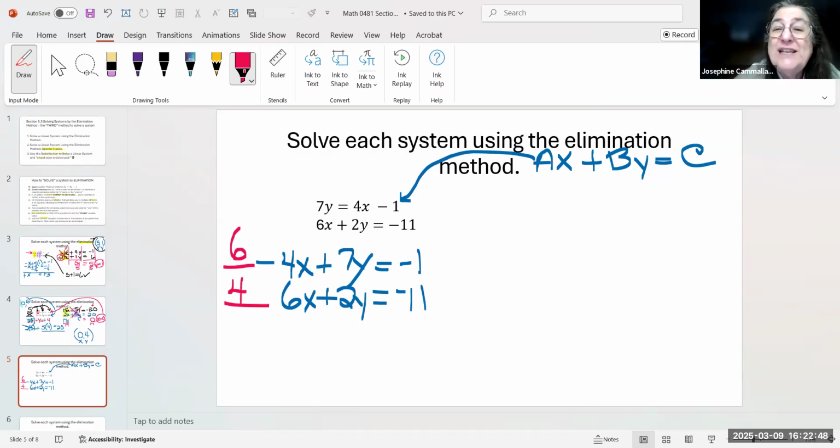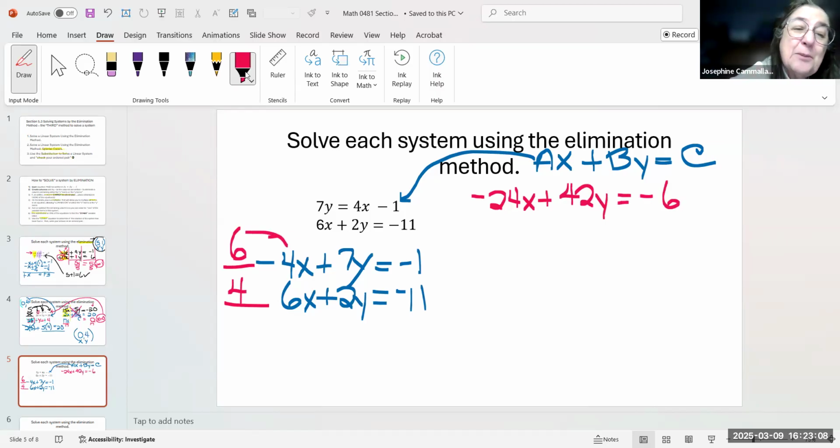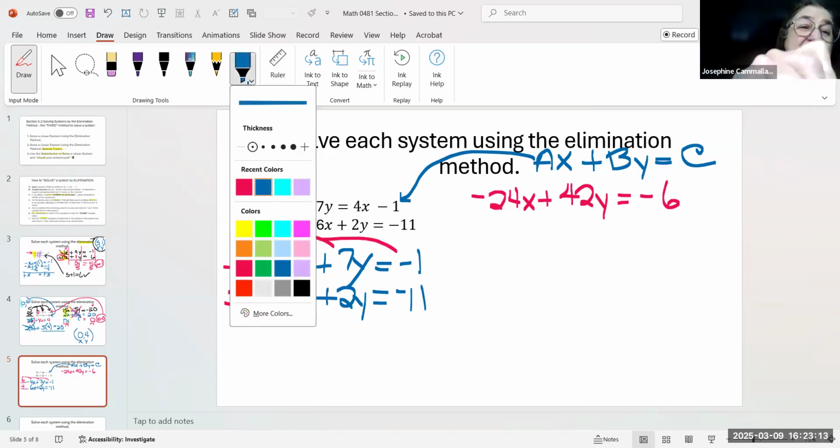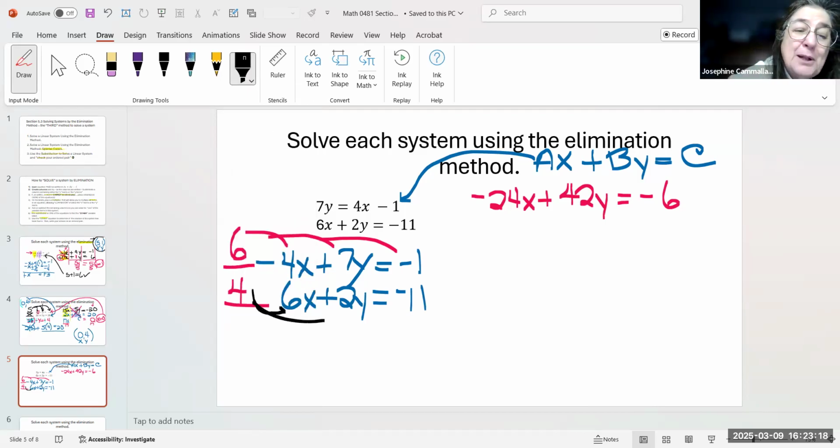All I have to do is take the numbers, because the signs are already set for me, and this will give me a -24x plus 42y equals -6. This 6 must multiply by every term. But I also have to take this 4 and multiply it by every term.